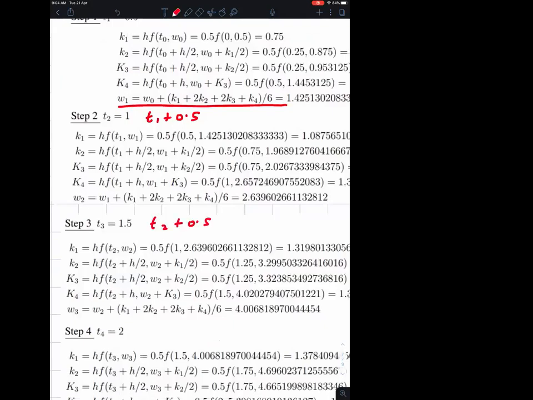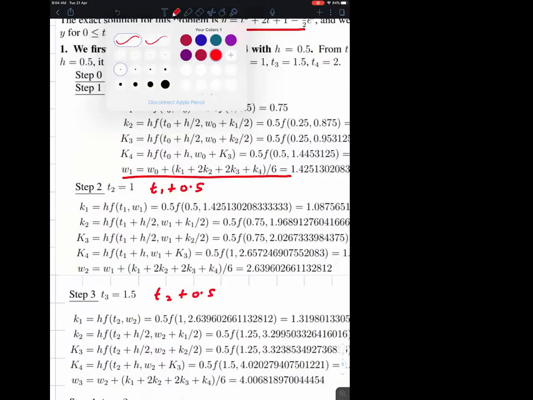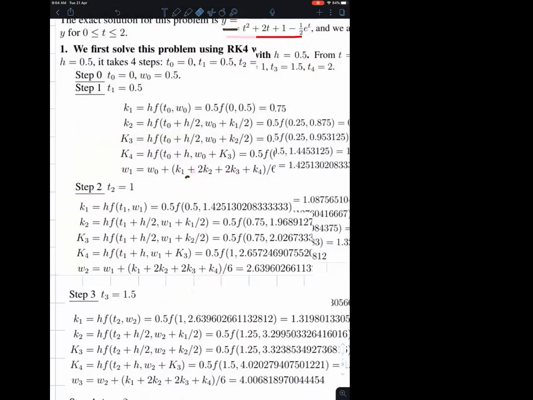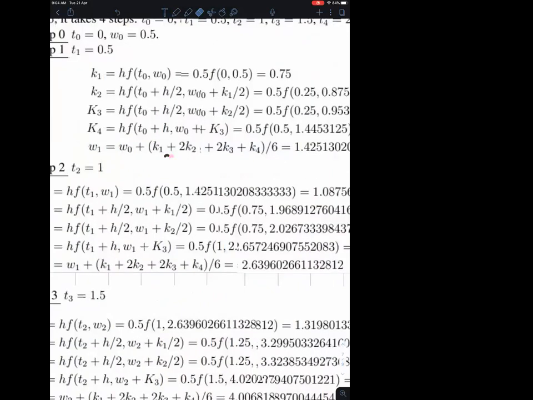So you can find numerous other solutions for the ODE. This is just for your reference. In our example, we just did y1. This is called w1; in our case, we call this y1.